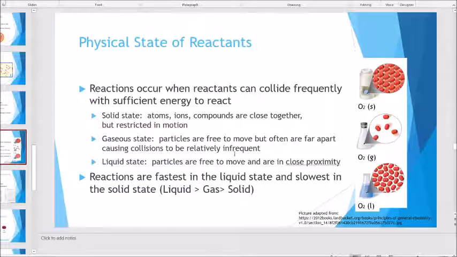But in the liquid state, they're still close to each other, but they're allowed to move freely, and this allows for a higher probability of the molecules colliding and forming the products. So the reactions go faster in the liquid state and relatively slower in the gas and solid states.